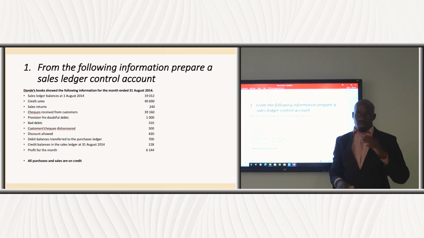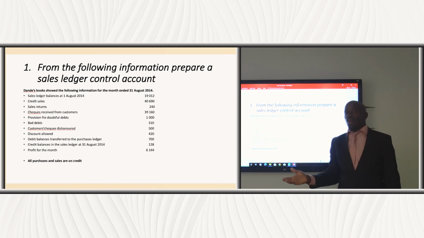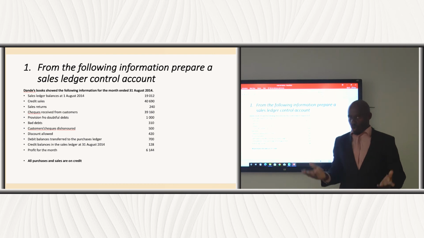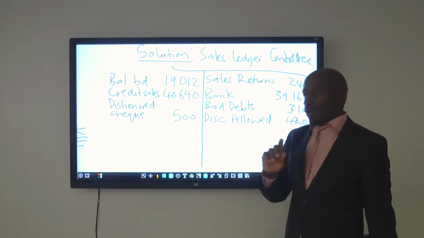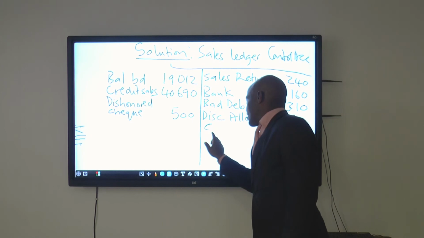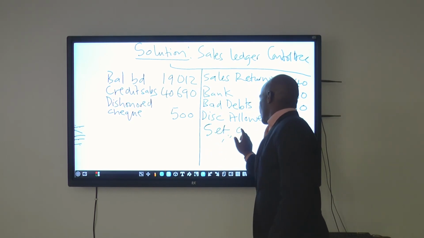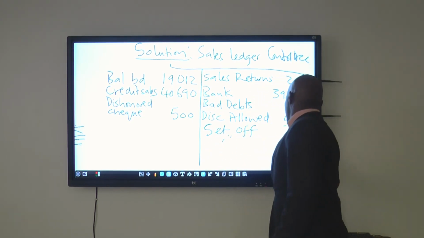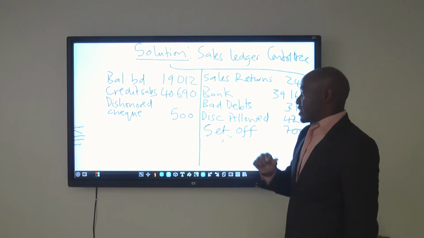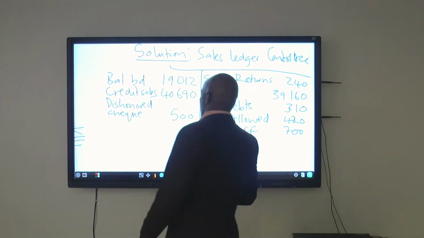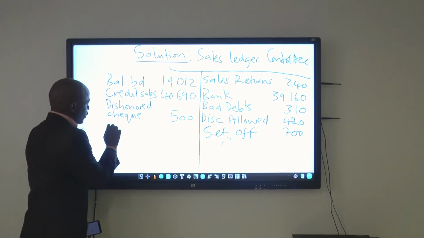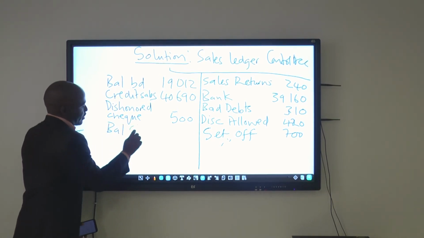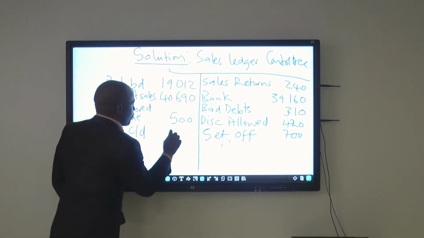So suppose customer A owes $30 to customer B, who in turn owes him $40. We need to do what we call a set off. So this is considered as set off, $700.